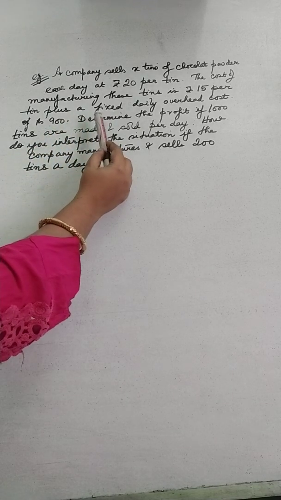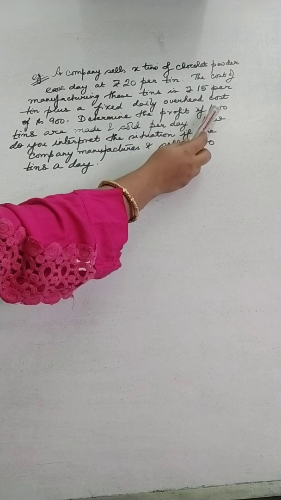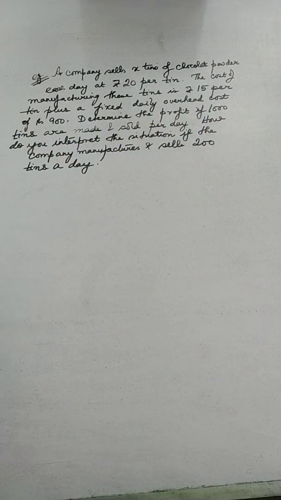The question is asking you to determine the profit if 1000 tins are made and sold per day. That means if x is equal to 1000, here number of units are mentioned. Since 1000 tins are made, what will be the value of the profit? That is what you have been asked to find.